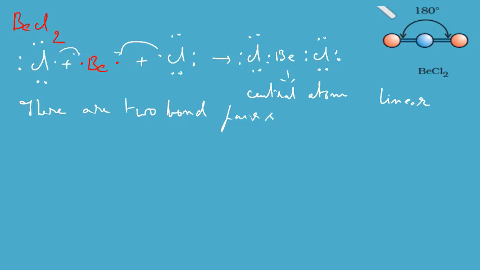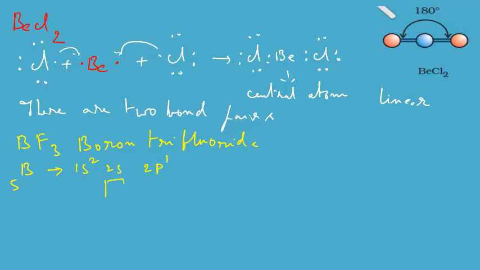Now, on the other hand, let us take BF3, boron trifluoride. In boron trifluoride, boron is the central atom. Boron atomic number is 5: 1s2, 2s2, 2p1.